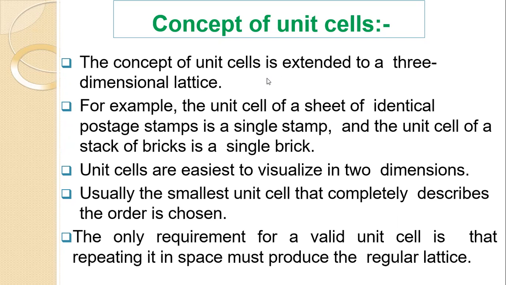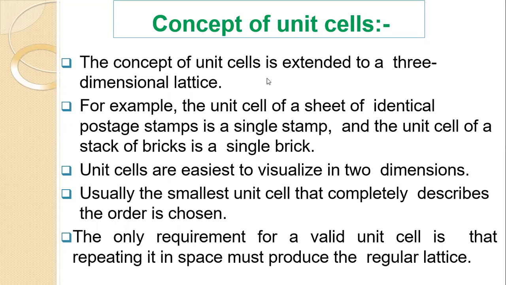Next, for example, the unit cell of a sheet of identical postage stamps is a single stamp, and the unit cell of a stack of bricks is a single brick. So these unit cells are easiest to visualize in two dimensions.